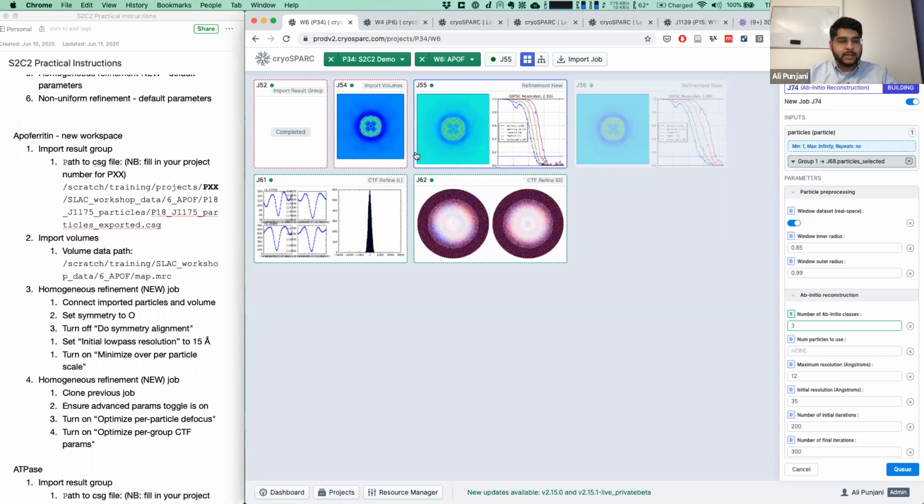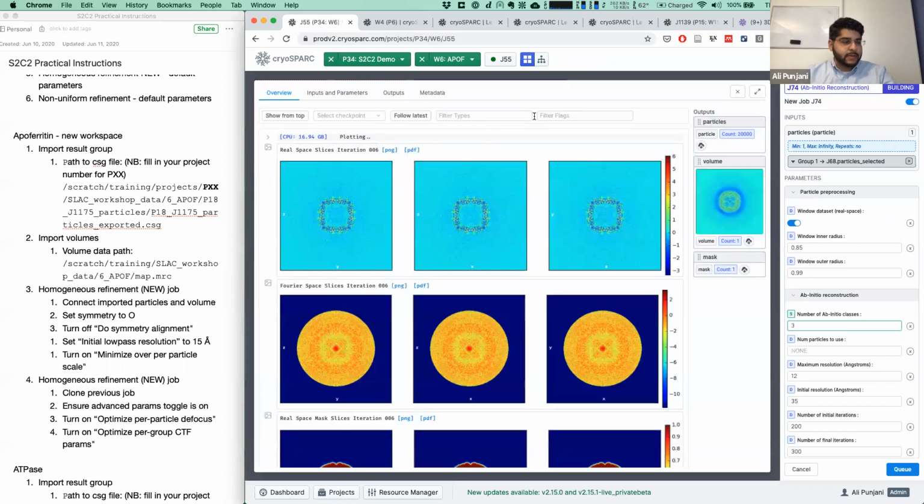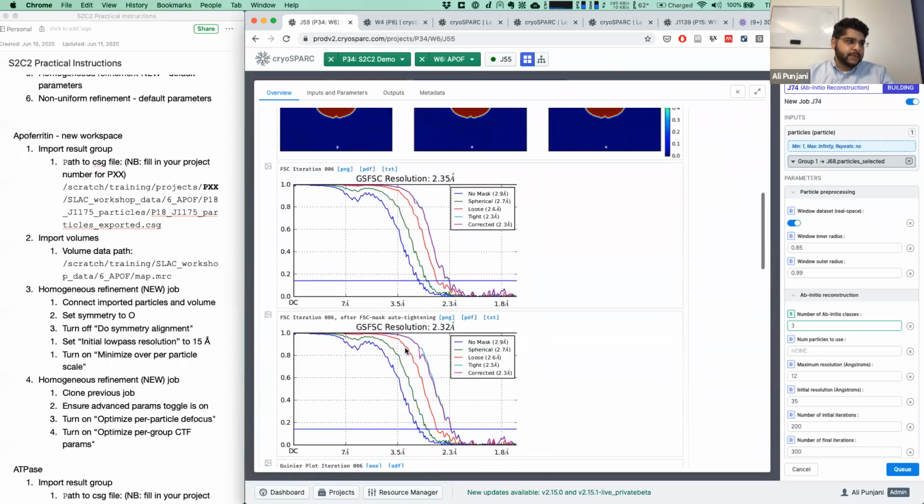So instead, what I did when preparing these particles is that I fixed them all to have a constant defocus across every micrograph. So that's similar to the assumptions of other older techniques for CTF estimation where the image is assumed to be flat. So starting with that as our baseline, doing a refinement of these 20,000 apoferritin particles, which obviously are of extremely high quality and a very good sample, gets us to a refinement resolution of 2.3 angstroms.